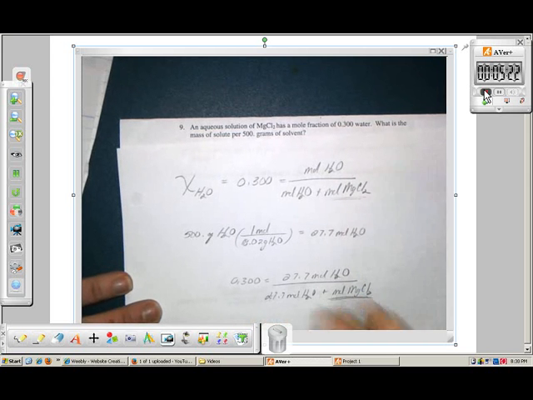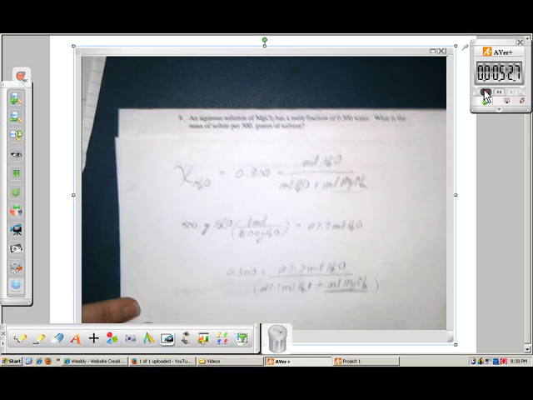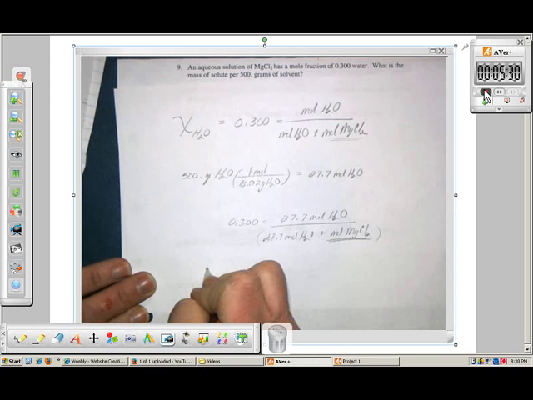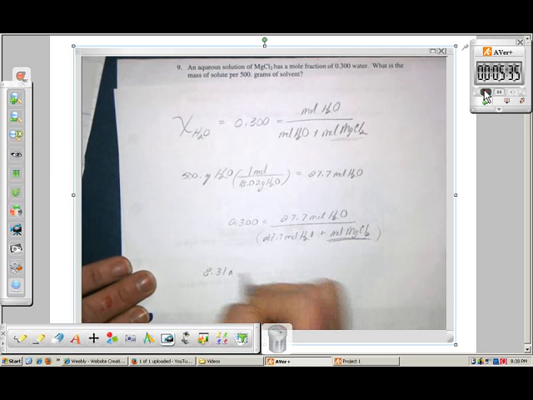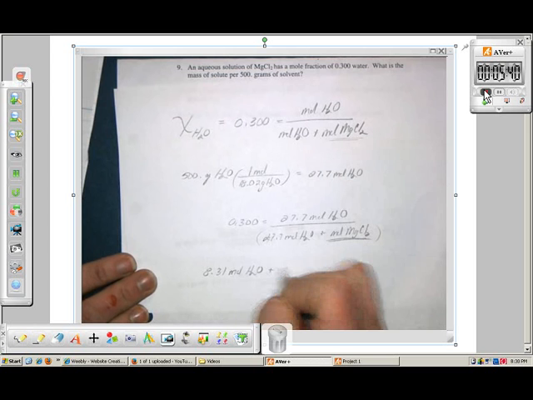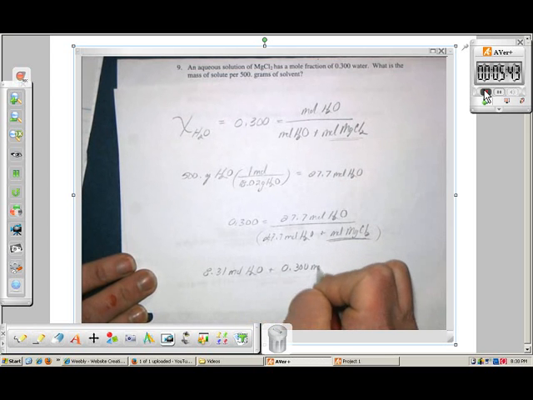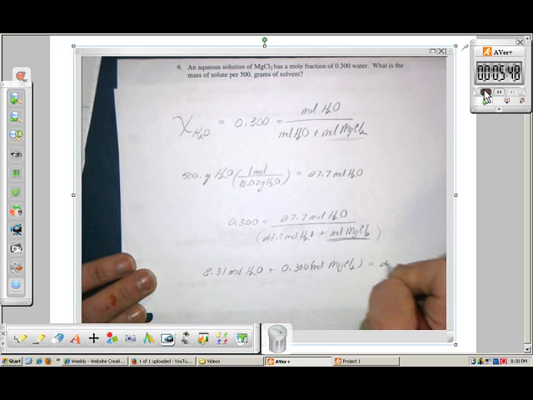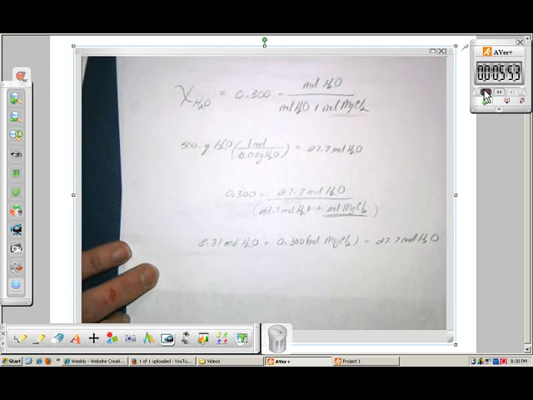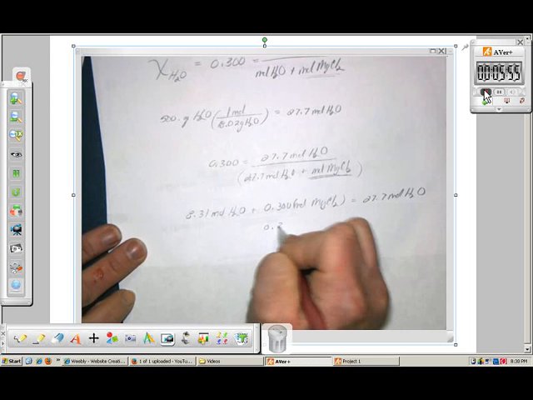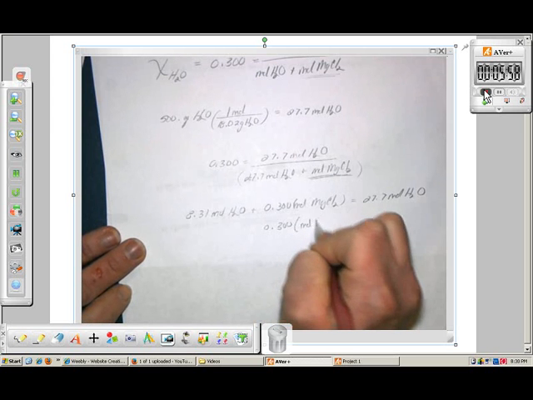I would treat this as an entire expression, bring this up, multiply through, and then what we end up getting, 0.3 times our 27.7 is 8.31, and that would technically be moles of water, plus 0.300 moles of magnesium chloride, equals the 27.7 moles of water. Then subtracting over, we would get the 0.300 times the moles of magnesium chloride.